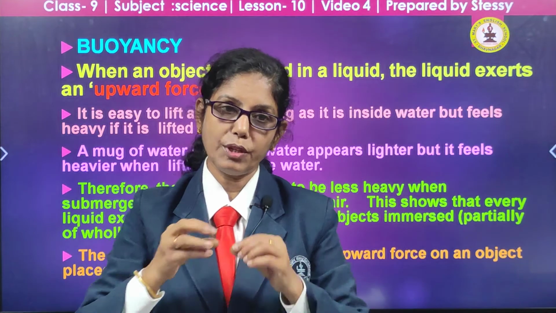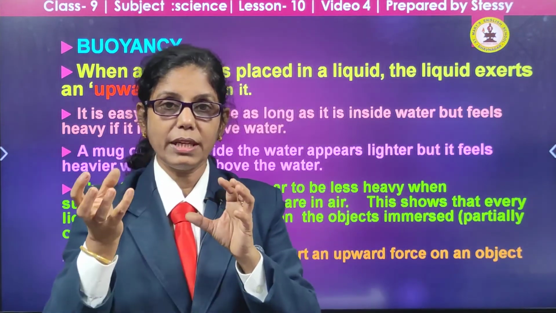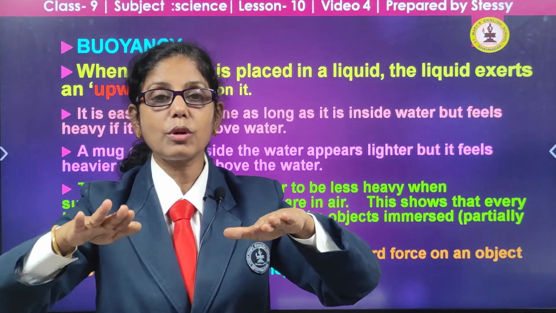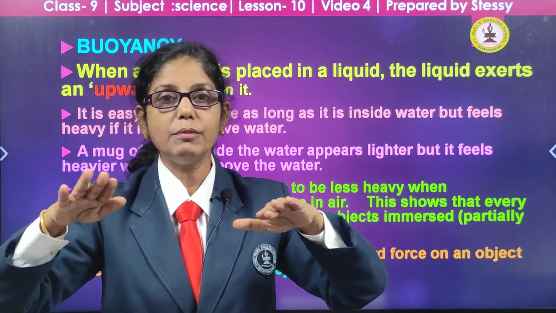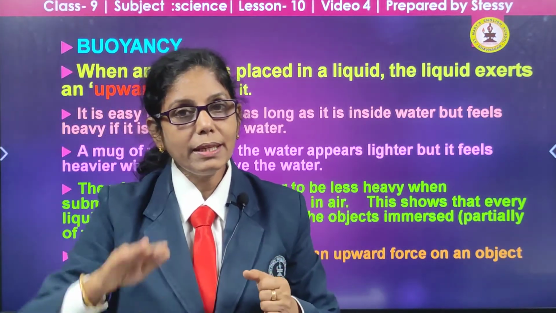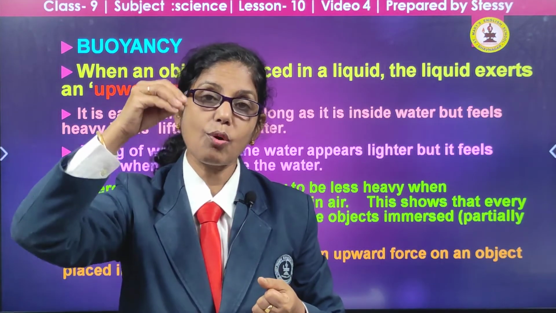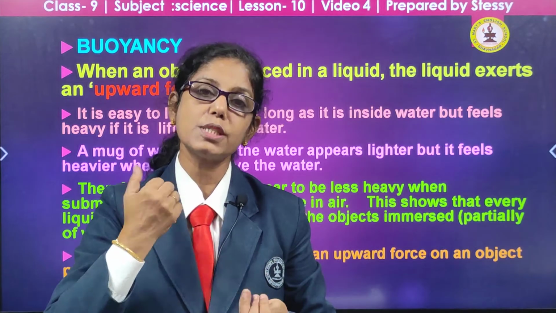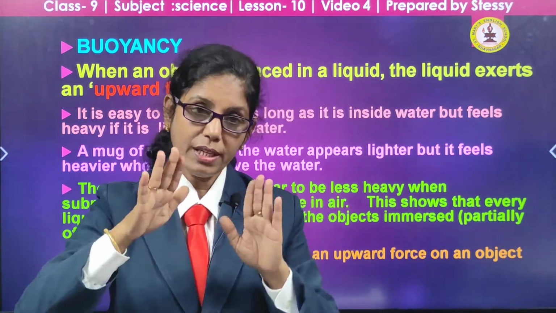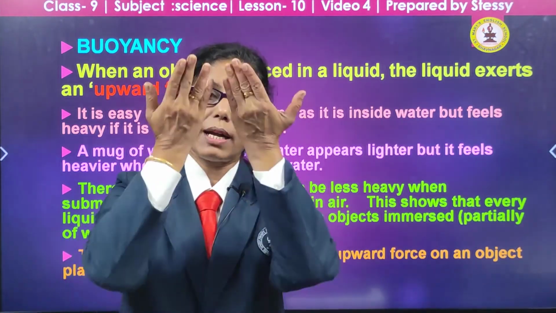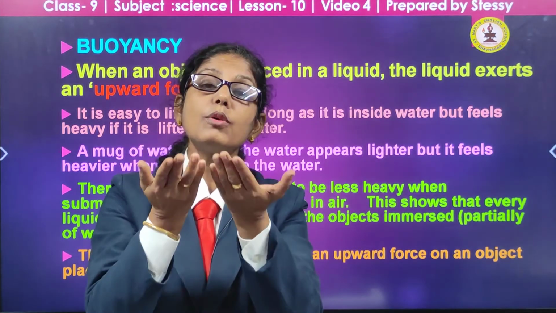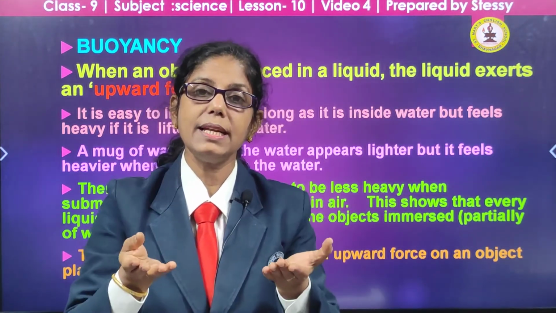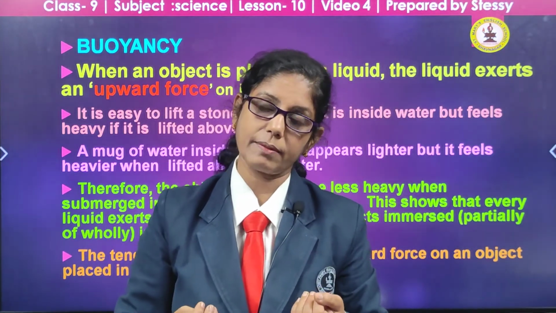You know that when you take a leaf and a stone and try to keep both on the surface of a bucket filled with water, you can immediately see that the stone goes down while the leaf is floating, because the water is exerting an upward force on the object which is fully or partially immersed in that water.